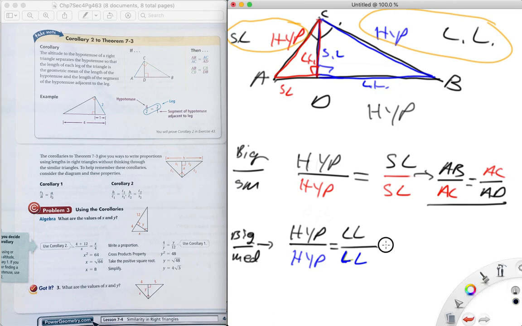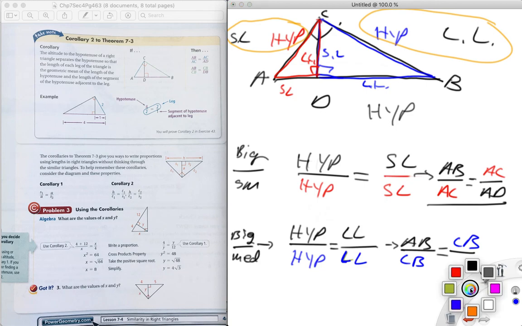The hypotenuse is AB again. Now the other guy is going to be CB, and that guy is also the leg of the overall triangle. So CB again, over DB. Those two are always going to be the case.